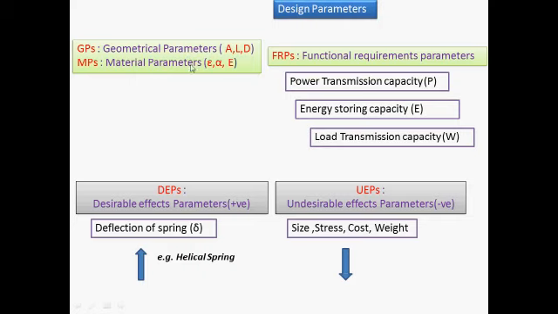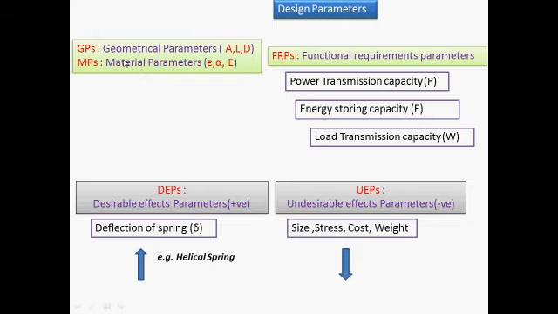So these FRPs and MPs are both independent of each other. Means this is not dependent on the other two, that is geometrical parameters and material parameters. And material parameters also do not depend on the functional requirement parameters and geometrical parameters.